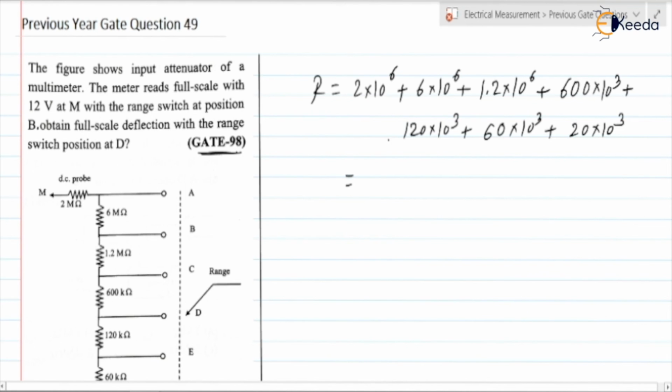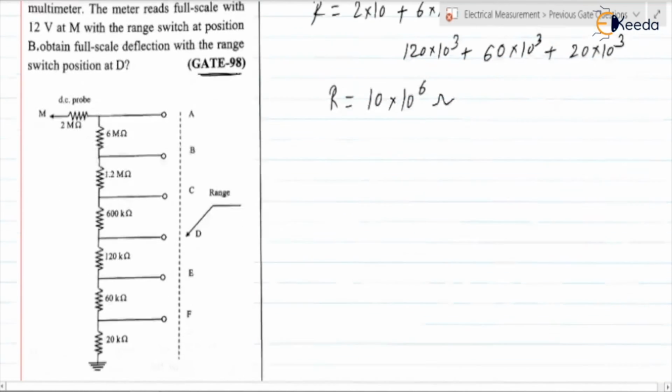So if you check, this total addition is equal to 10 into 10 to the power 6 ohm. This is the resistance R we are having.